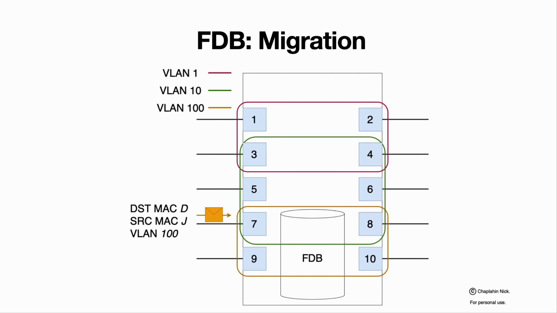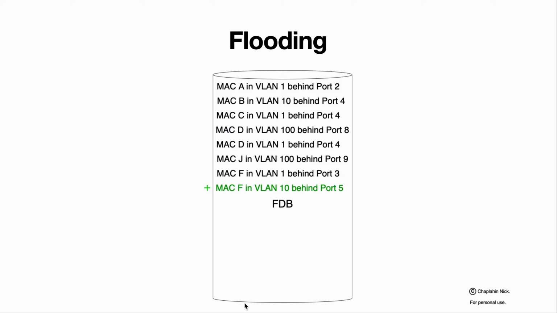And the FDB has one more important functionality called migration. For example, in our case, we have an entry for MAC J in VLAN 100 saying that this device, this MAC, is behind port 9. We don't know and shouldn't know how big the network is behind port 9, what happens there, and what the status of this network is.